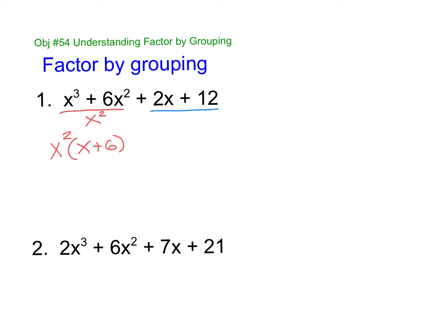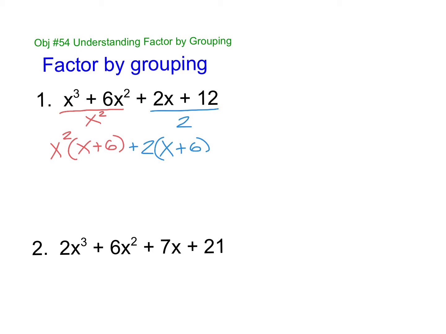Now I'm going to do the same thing with the second two. What's the GCF for 2x and 12? So there's only x's in the first one, so there's no x, it's just a 2. When I divide, I get x plus 6, parentheses, a 2 on the outside. Now, notice we have x plus 6 in both of those.